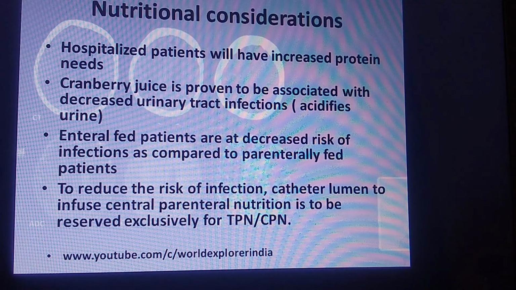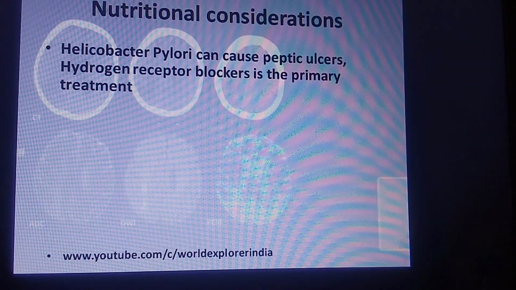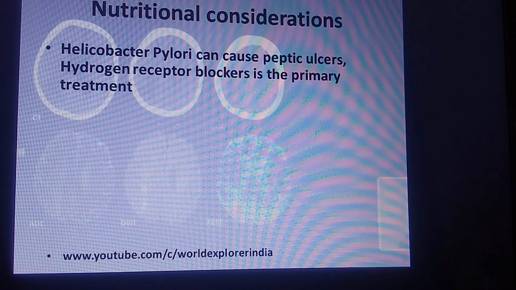To reduce the risk of infection, the catheter lumen used to infuse TPN is to be reserved exclusively for the TPN. No other medicine should be given through the same port. Helicobacter pylori can cause peptic ulcers. To prevent this, we use histamine receptor blockers as a treatment modality.